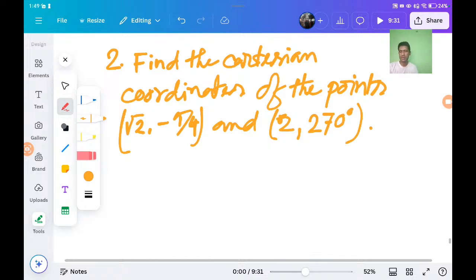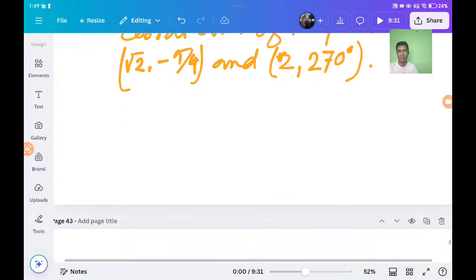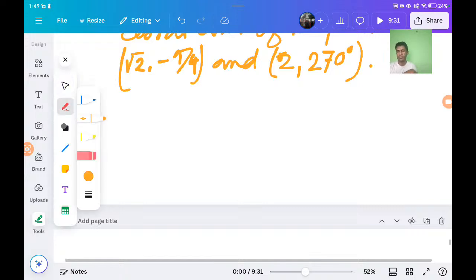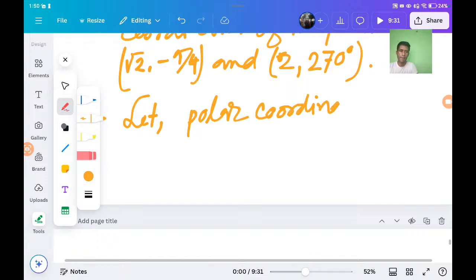Let the polar coordinates r, theta equal root 2, minus pi by 4.